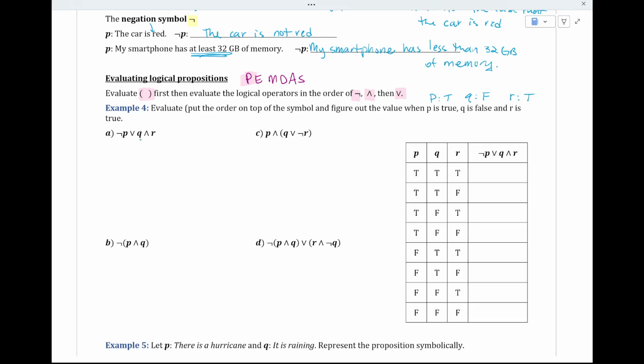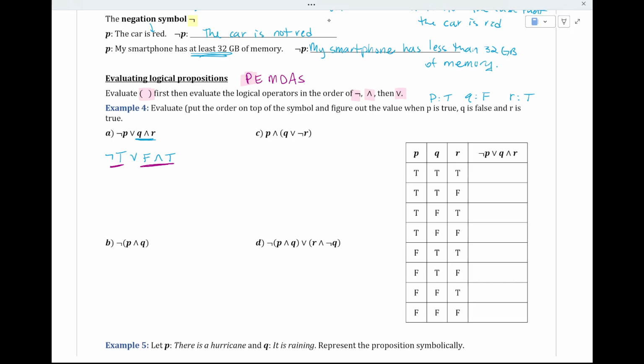Before I do anything else, I'm going to write the value of these. So not true or false and true. What I want to evaluate first is this with the and. Oh, and this, I guess. I want to do both of these.